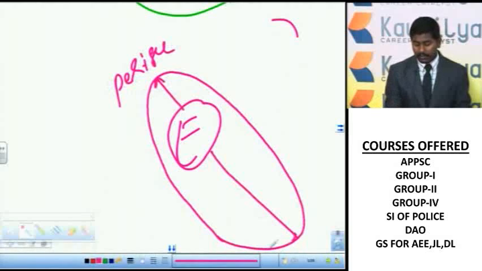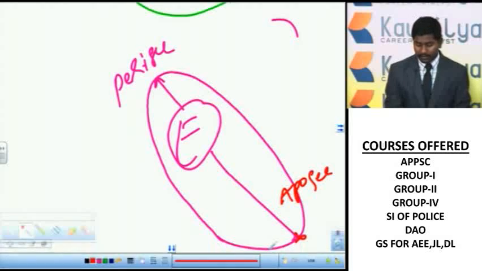When the satellite is farthest from the earth, it is called apogee. So apogee and perigee are with respect to the earth, and perihelion and aphelion are with respect to the sun.